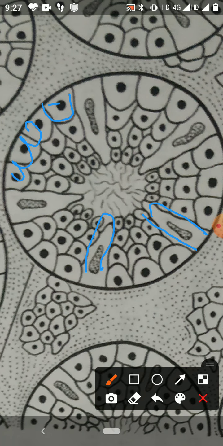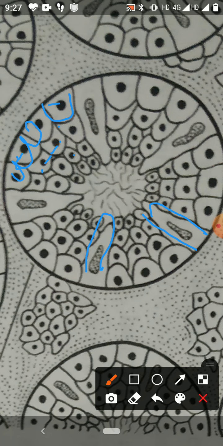Spermatogonia undergo repeated mitotic division. Then they form a large number of cells, and those cells are called sperm mother cells.